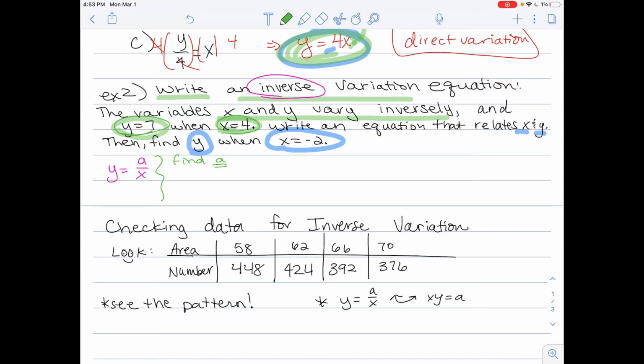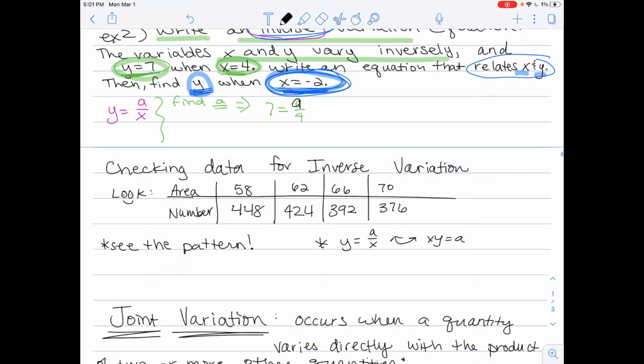We plug in y, which is 7, equals a, which we don't know, over 4. Okay, now that we've got that set up, let's solve for a.